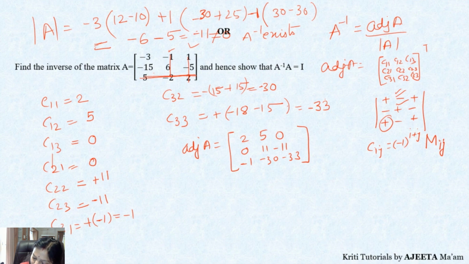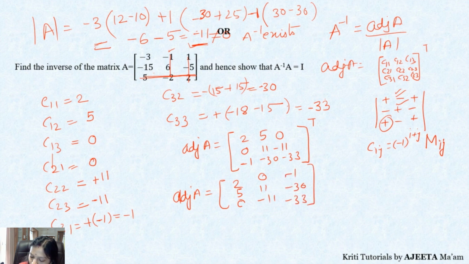Now what will be the determinant value? We have already found minus 11. Now we have to take the transpose. So 2, 5, 0, 11, minus 11. So this is your adjoint.